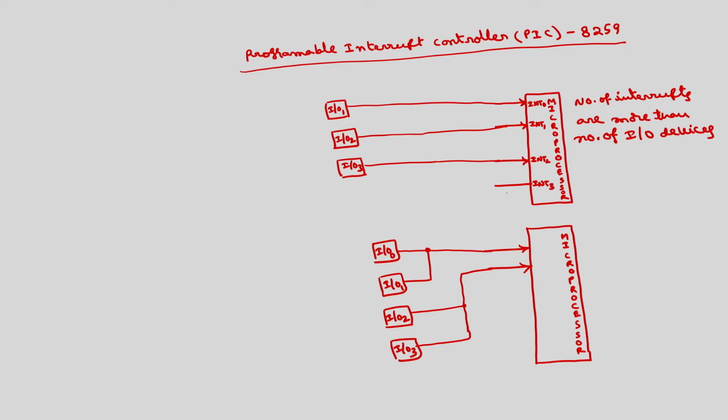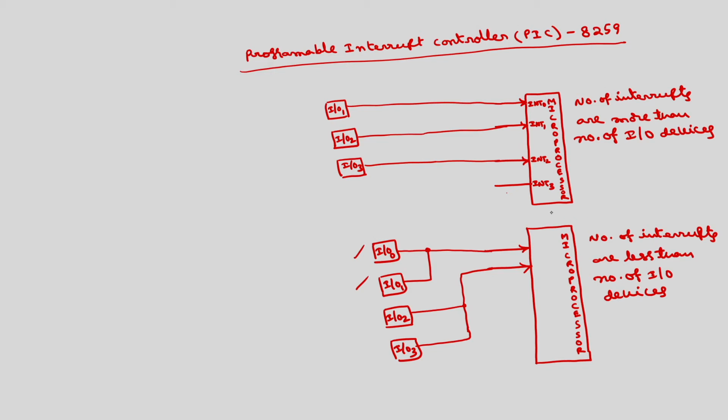In order to resolve this problem where the number of interrupts is less than the number of I/O devices, you have to resolve the priority problem and interact with the microprocessor.